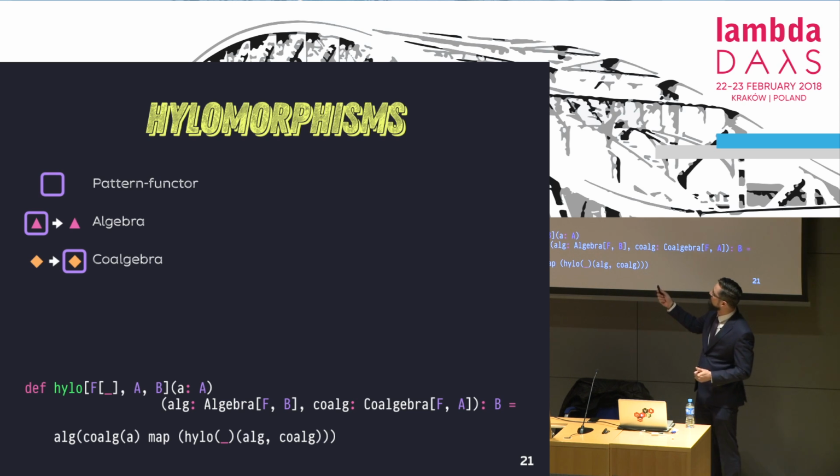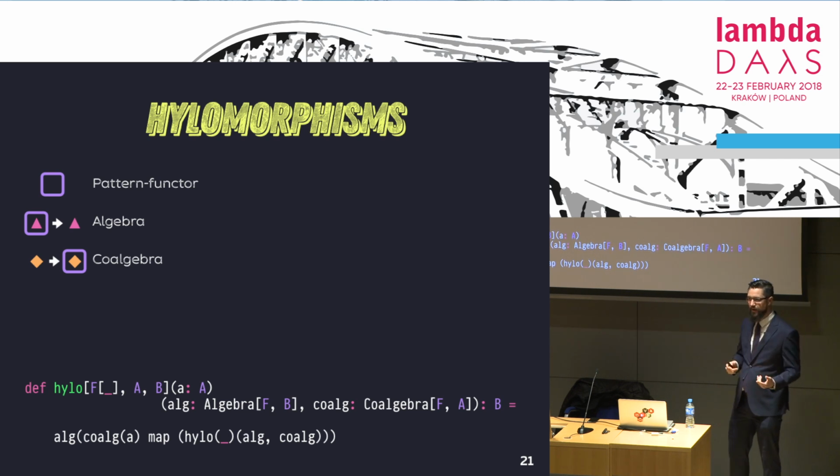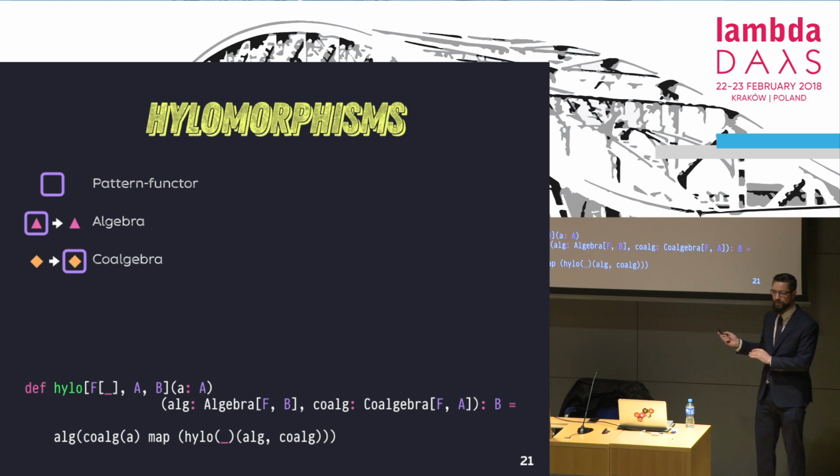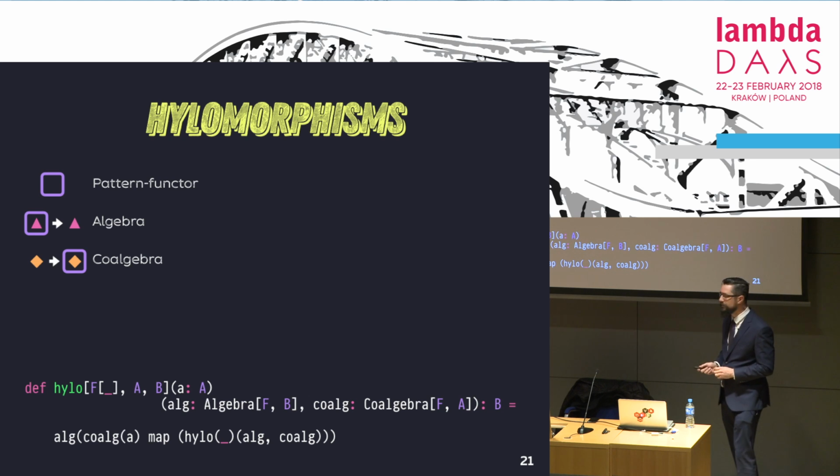It will be these little purple boxes. We need an algebra. We need a coalgebra. And we need two types, A and B. Here is the definition. It's fairly simple. It's the real definition from Matryoshka with a little rewriting there. And let's look at how it works.